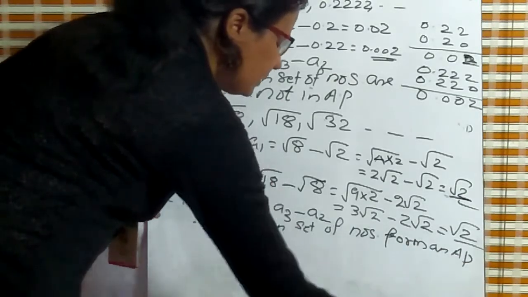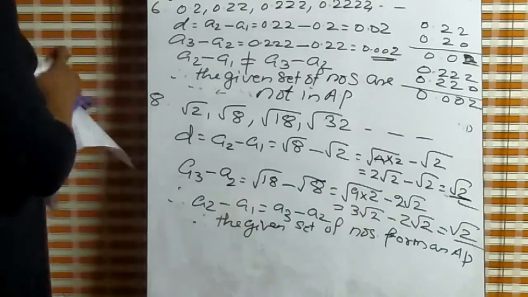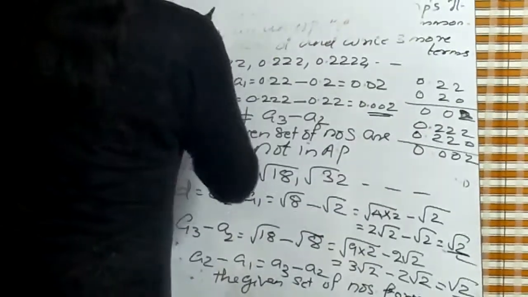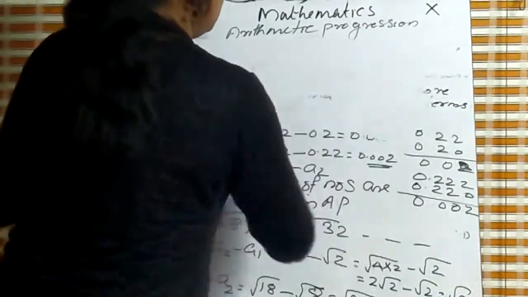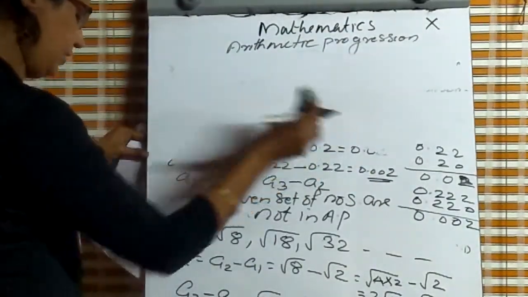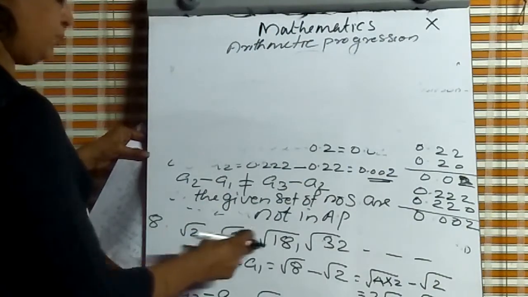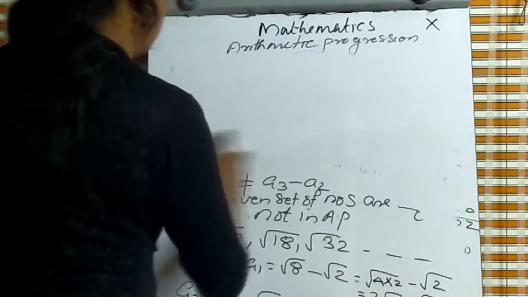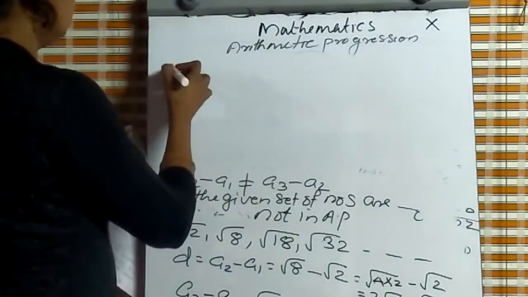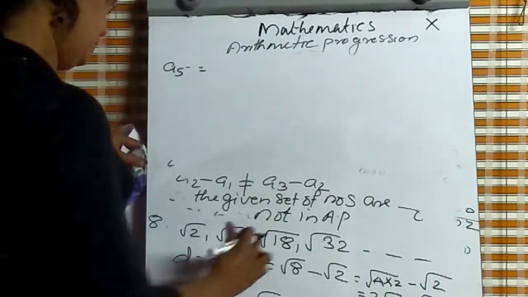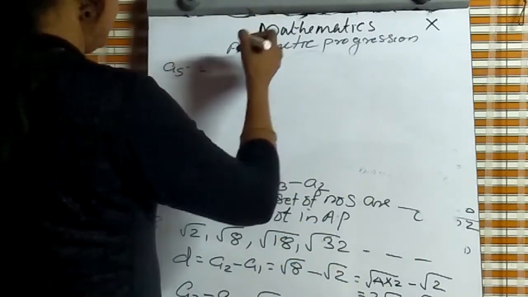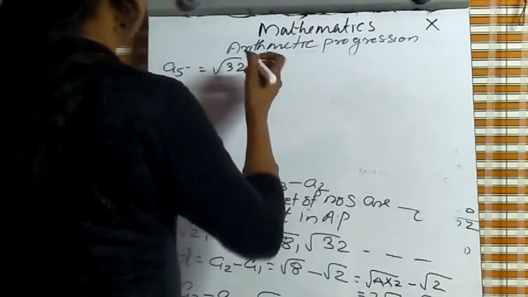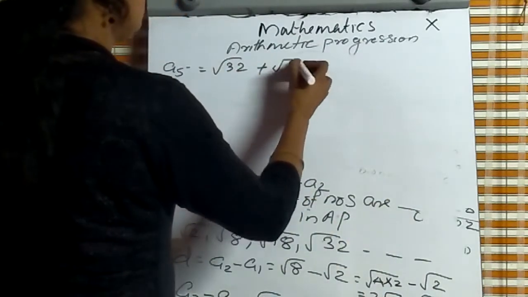If it is in AP, find 3 more terms. That means we have to find the terms after A1, A2, A3, A4. Next, A5 is equal to root 32 plus D, which is root 2.